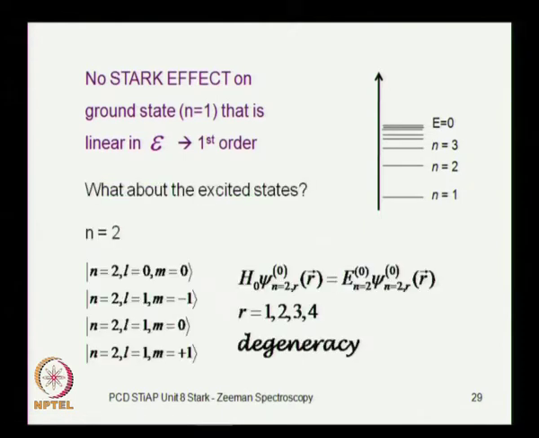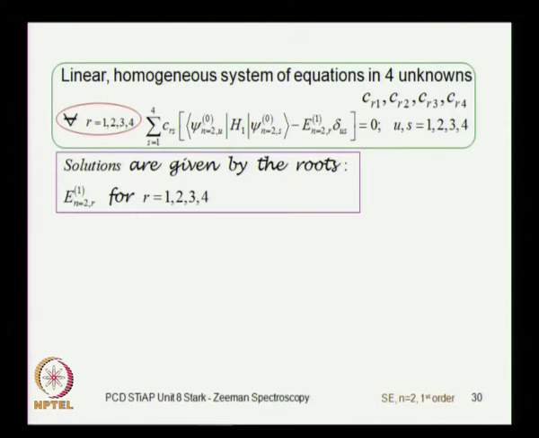For the excited state n equal to 2, we know that there is a degeneracy which is n squared, and the consideration of this degeneracy led us to the use of degenerate perturbation theory, and that took us to the family of these linear homogeneous equations which have to be solved, and in these equations you have to determine these coefficients and find the roots, so that you get the 4 different perturbed eigenvalues.